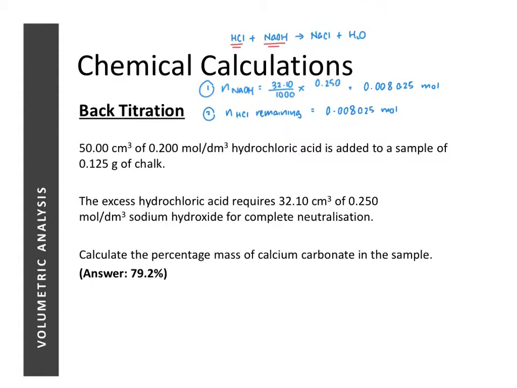Okay, so next we need to find the total amount of hydrochloric acid that was added. Remember, in order to find the amount of calcium carbonate, we need to add excess hydrochloric acid. Alright, so we need to find the total amount of hydrochloric acid. Are we able to do so? Again, yes, because we are given the volume and concentration of hydrochloric acid that was added.